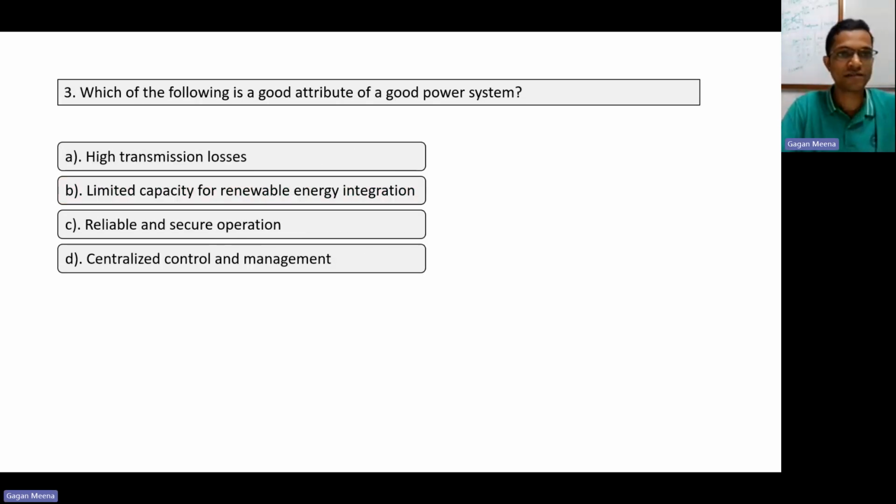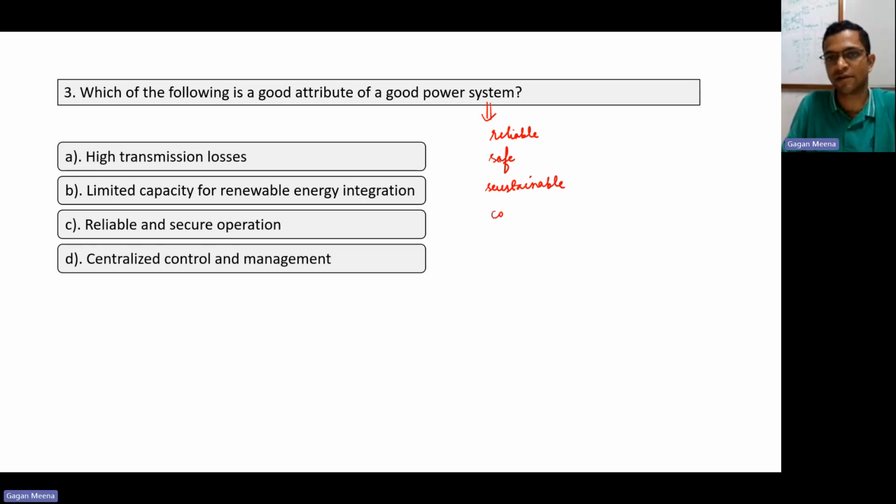Third one, which of the following is a good attribute of a good power system? In a good power system, we want it to be reliable. We want it to be safe, sustainable, cost effective.